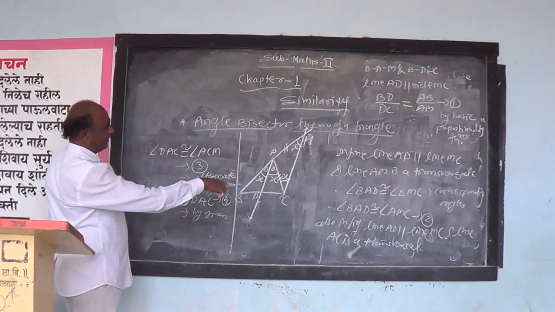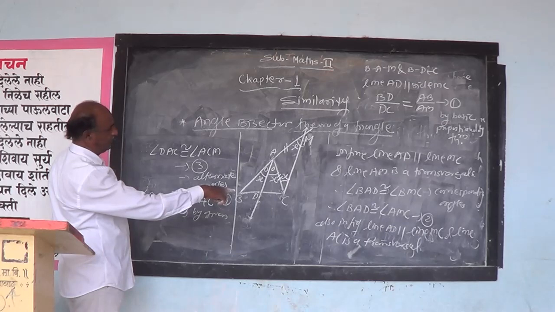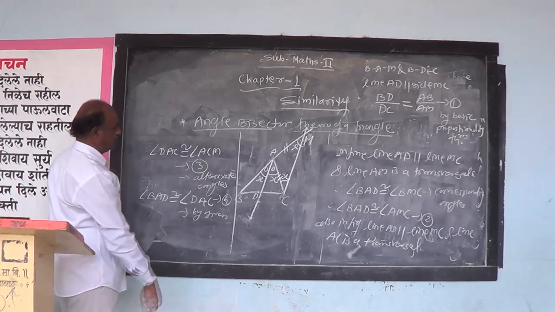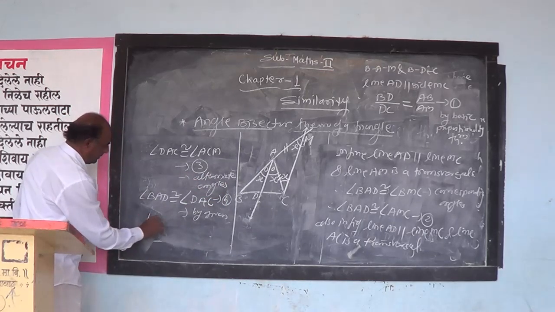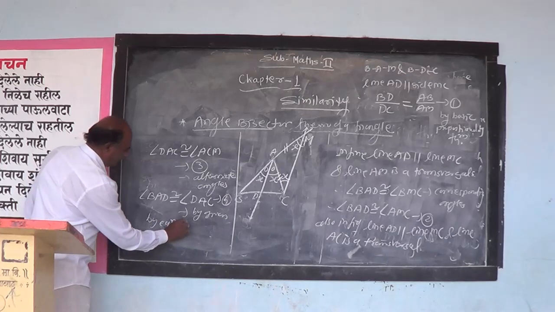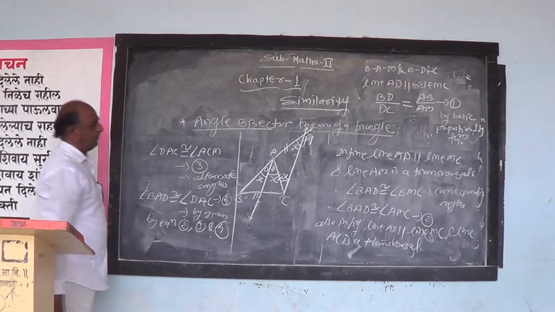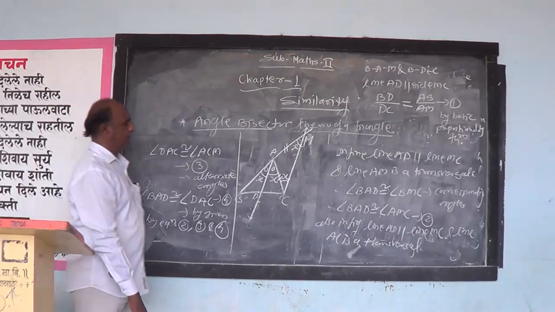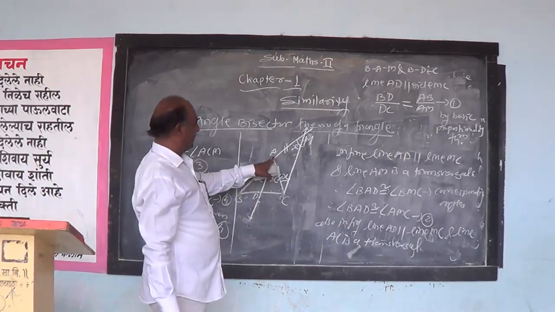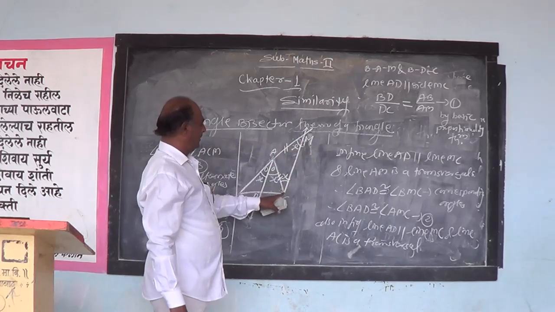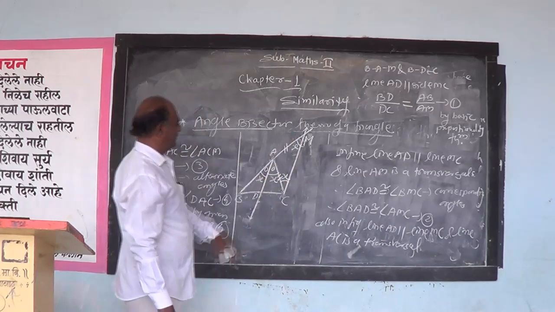And then by equations second, third and fourth, we get that two angles are congruent, angle AMC congruent to angle ACM.